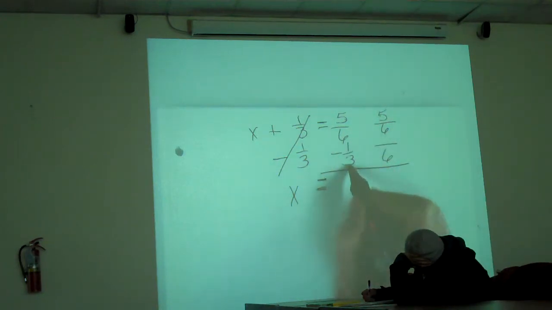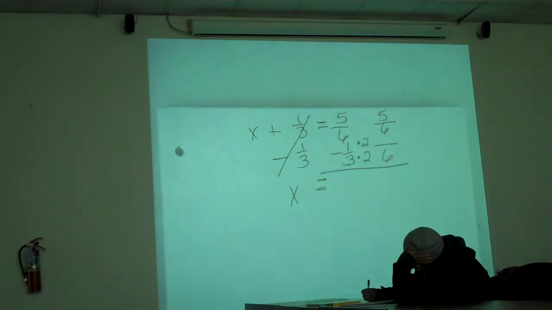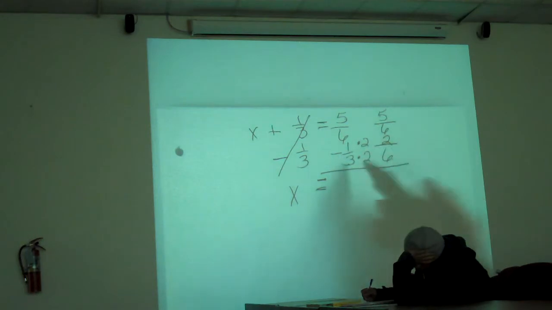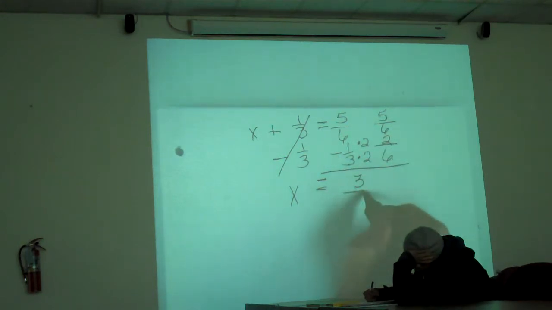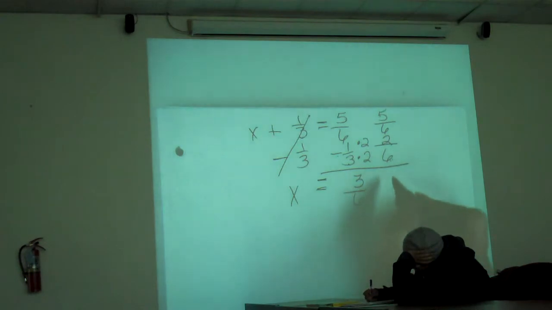Okay, this stayed the same, so the top stays the same. The 3 didn't stay the same. 3 times 2 is 6. So times 2 on the top. 1 times 2 is 2. 5 minus 2 is 3. Keep your denominator. 3/6. What can we do with that? Simplify it.